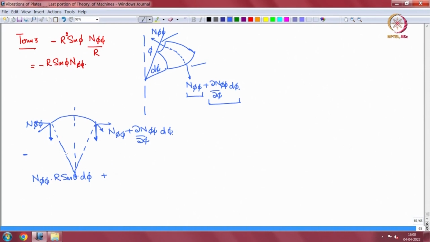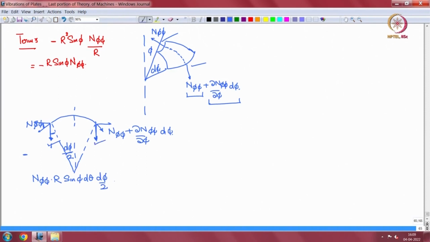Plus further, what do I have? If this is my d phi by 2, this is d phi by 2, that is d phi by 2, then this component is the sine component, so into d phi by 2, okay. So let me do this. N phi phi r sine phi d theta into d phi by 2 is this component.